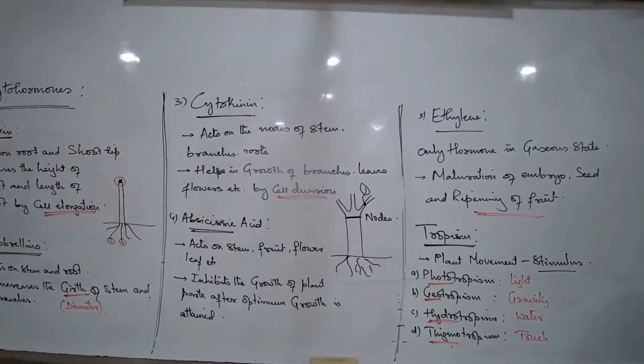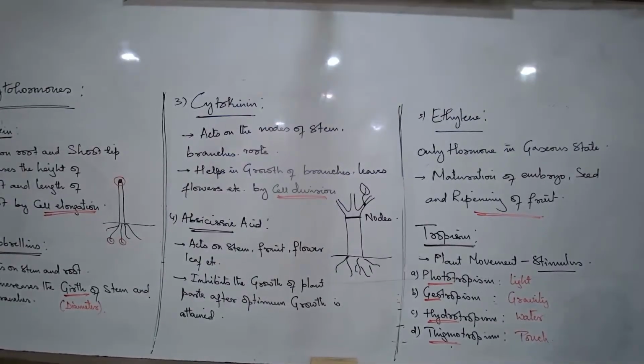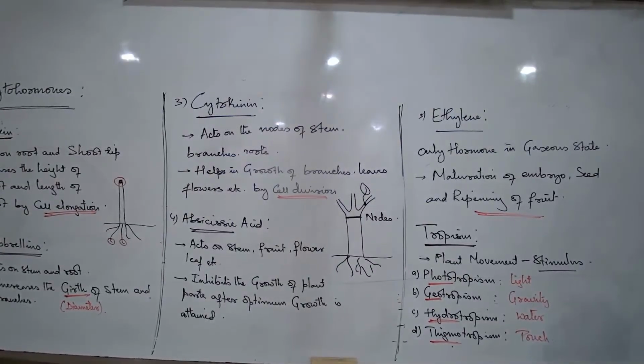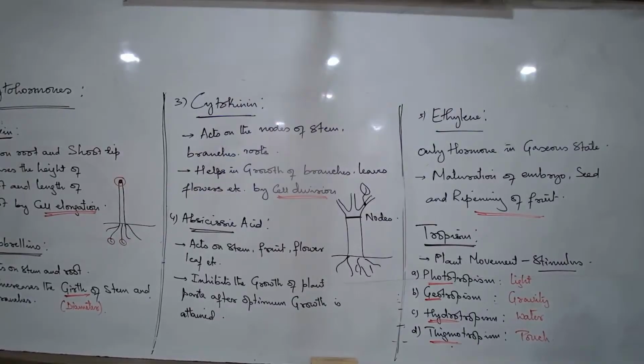Now what will happen to this plant when I take it inside the room? Without that strong sunlight, is the growth decreasing? No, it is not. The plant may dry, that's a different thing, but growth is not decreasing.